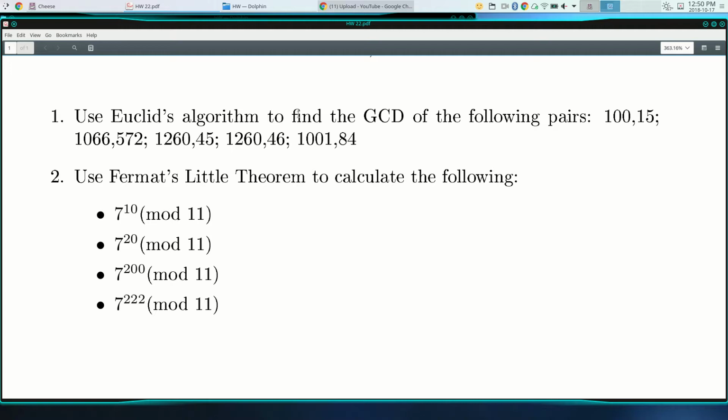No. You could, but what you do is 1066 divided by 572 is 1, bring the remainder over. Is yours 494? I just did 1,066 minus 572. Oh, yeah. Like an idiot. No, it'd be 572. Okay.